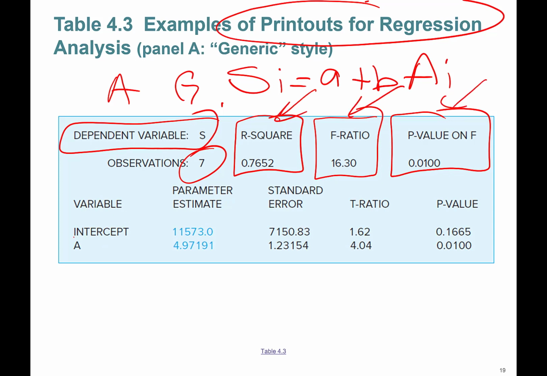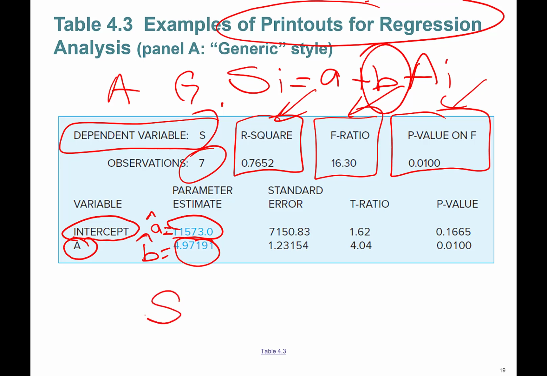So variable, you have intercept. So basically this guy, the A hat parameter estimate, is right here. Variable A, this is the coefficient of variable A, so it's going to be the slope, beta hat. Okay, so these are the parameter estimates. So you can write down this equation, SI hat equals A hat plus B hat AI.